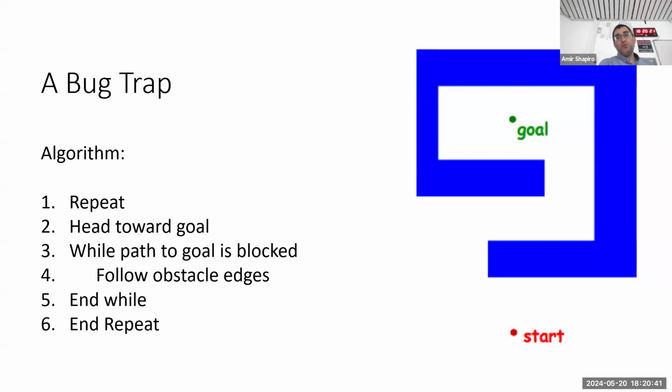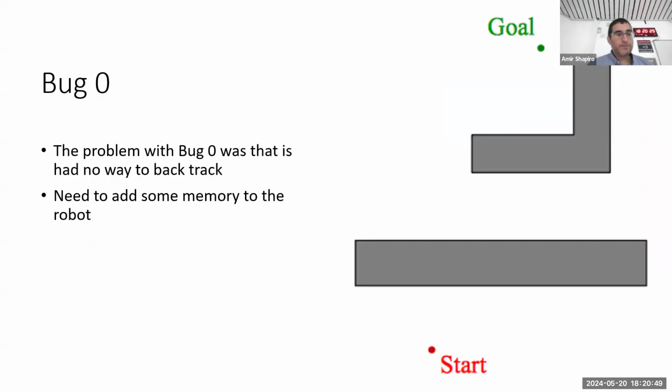So what else can we do? The problem here is that it doesn't know how to go back and measure the distance and see that there is something problematic. It doesn't have memory.